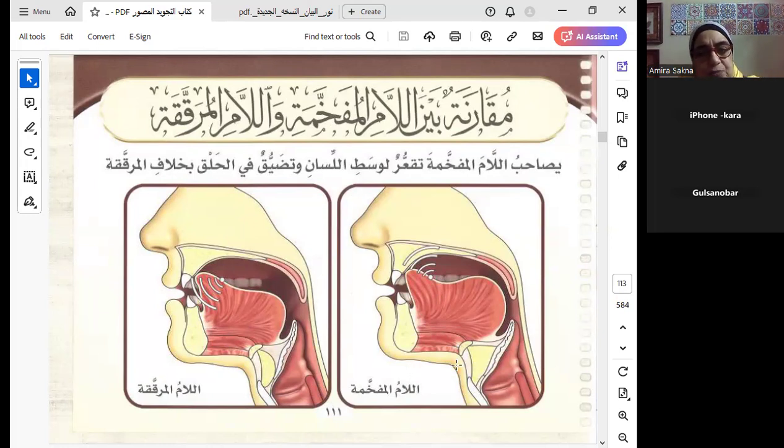So with lam mufakhama, the back of the tongue will be higher, while with lam muraqqaqa, the back of the tongue will be lower. If you commit a mistake with any letter that is supposed to be light and you make it heavy, automatically think of your back of the tongue. That means you are raising it, just like this.